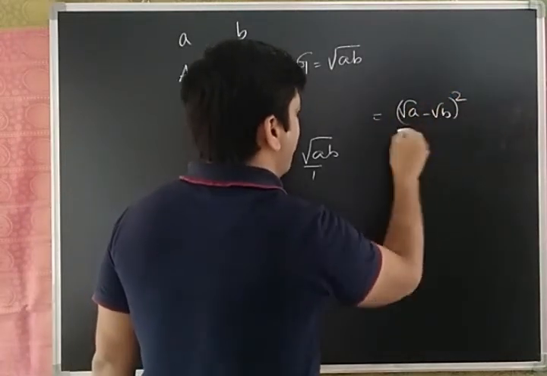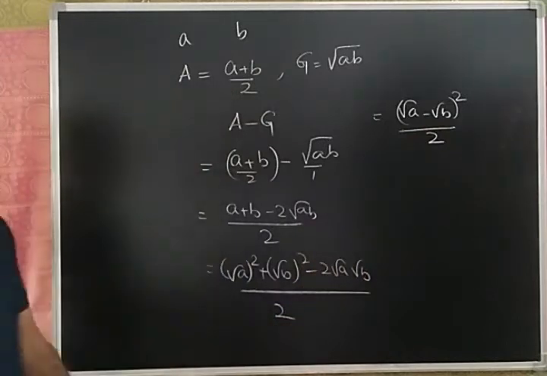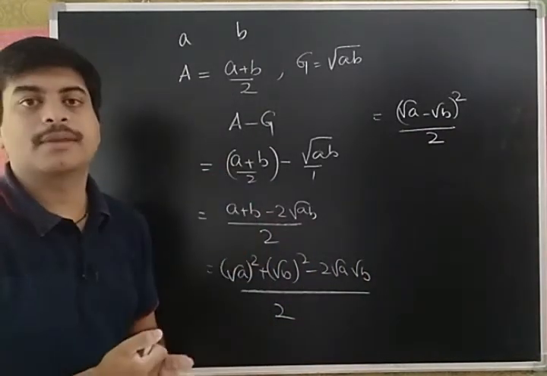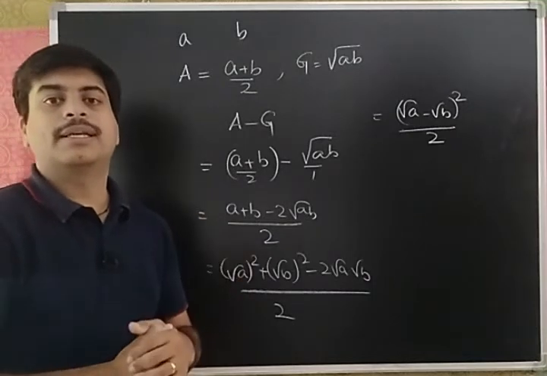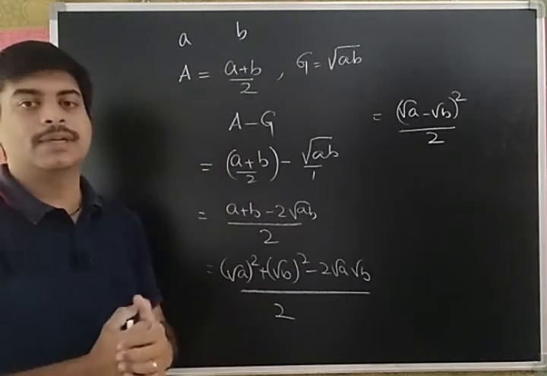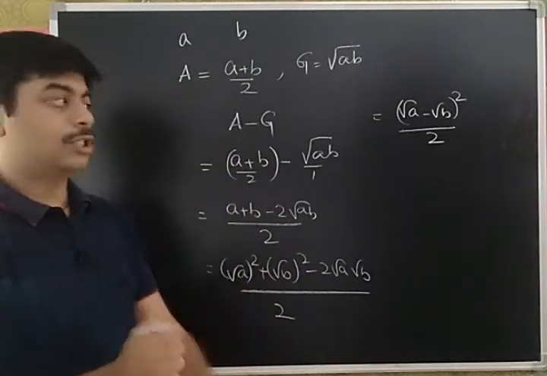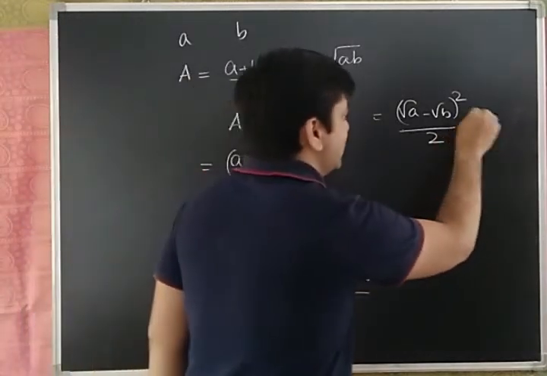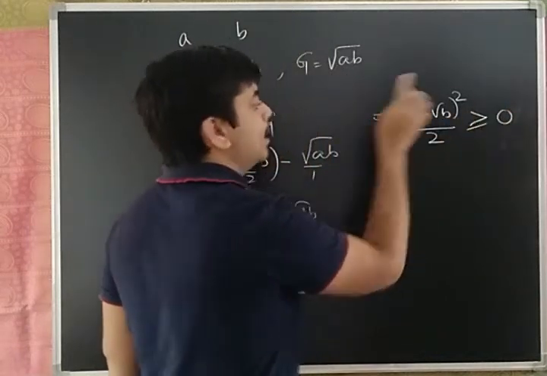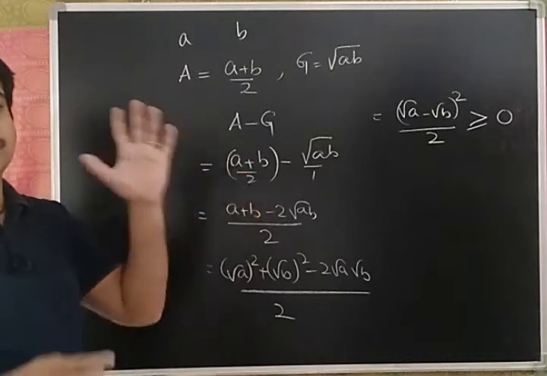Tell me one thing, can a square ever be a negative number? Square of a number, can it be negative? It can be 0 when those two numbers are equal, but otherwise it is always positive. So this is always greater than 0, and in the one case where both the numbers are equal, it is equal to 0.